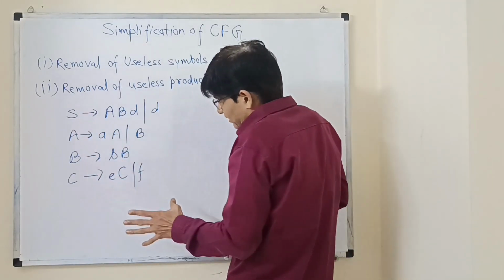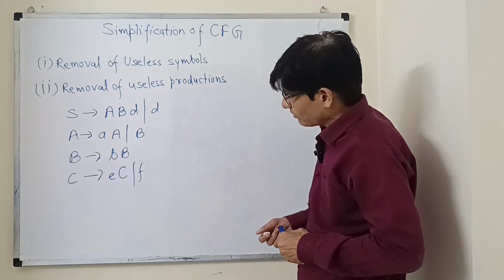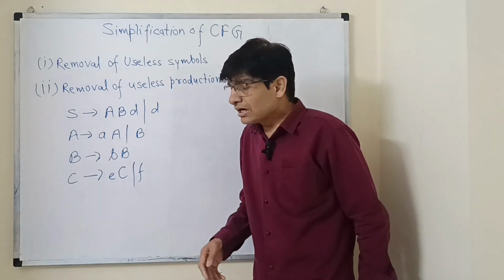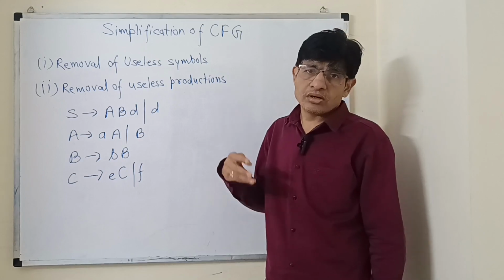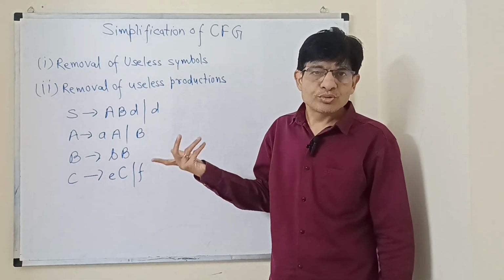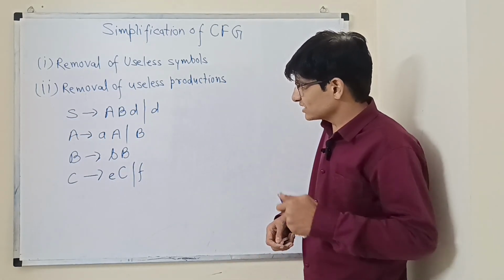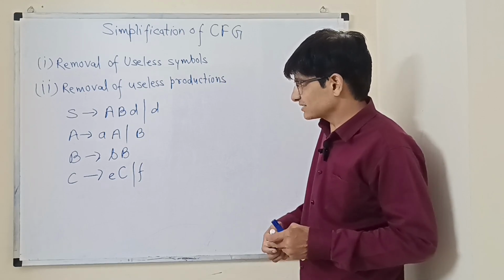Now we need to identify which variables or terminals are useless, so we can remove them, or we can remove some productions also. So how to identify the useless productions and useless symbols, that we will discuss now.